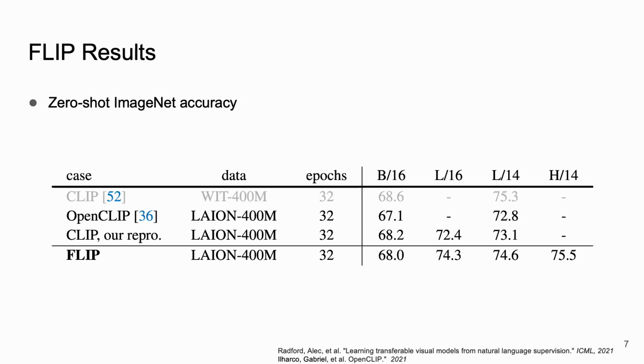Now let's see some FLIP results on standard evaluation tasks. This table compares the zero-shot ImageNet accuracy for FLIP with different CLIP variants, including CLIP from the original paper, the public version OpenCLIP, and our reproduced CLIP.